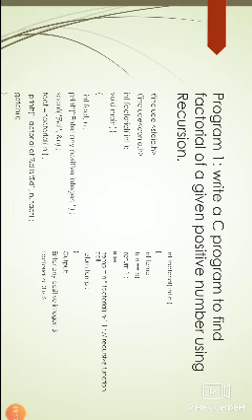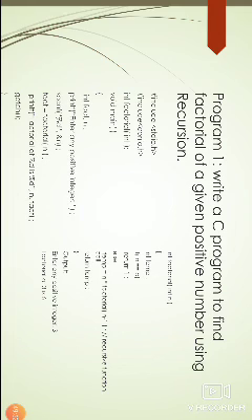So here temp = n * factorial(n - 1), where n is 3. This is the recursive function call, factorial(3 - 1), that is 2. Again it is a function call, and now it will go to the factorial function. Now the value of n is 2.